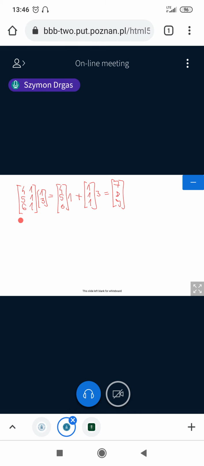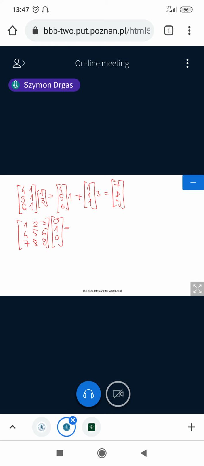In the second example, we have matrix 1, 2, 3, 4, 5, 6, 7, 8, 9. If we want to multiply a matrix by a vector, the number of columns of this matrix has to be the same as the number of components.